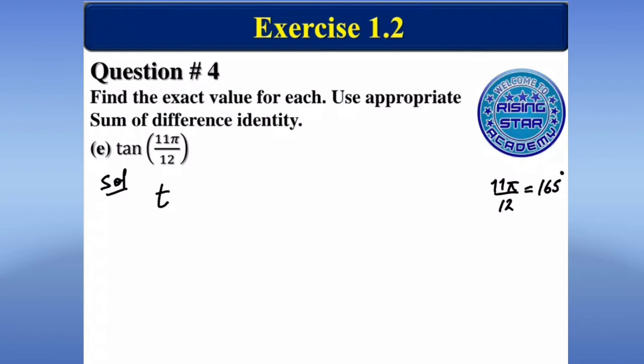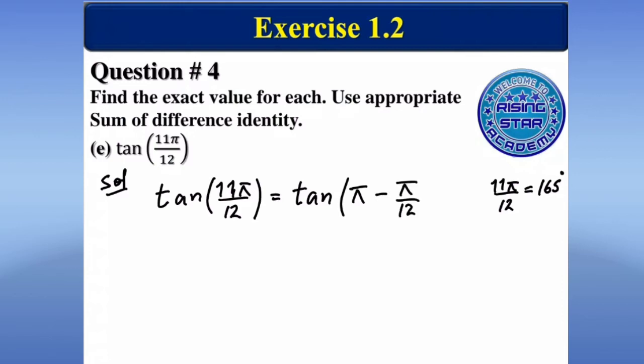Tan of 11 pi by 12 can be written as tan of pi minus pi by 12, because pi by 12 is 15 degree.